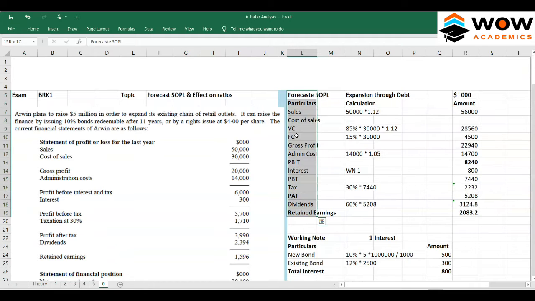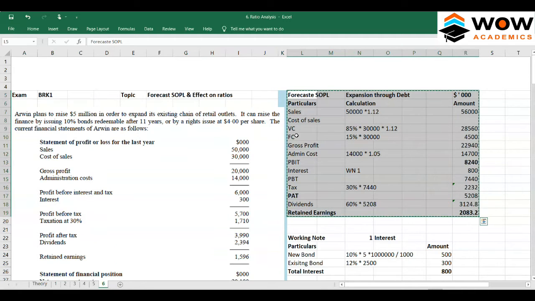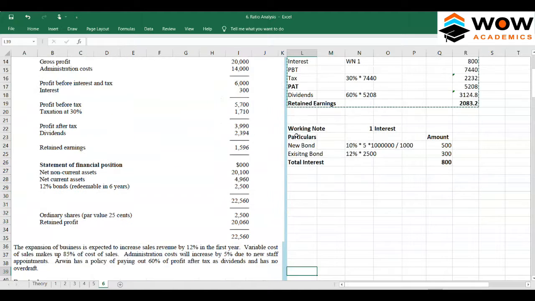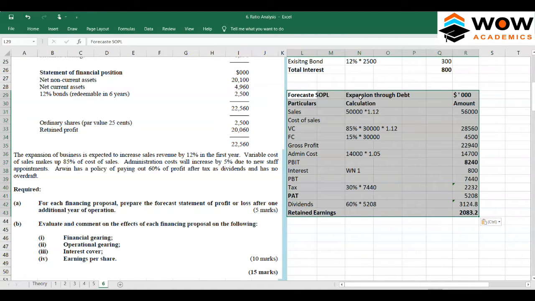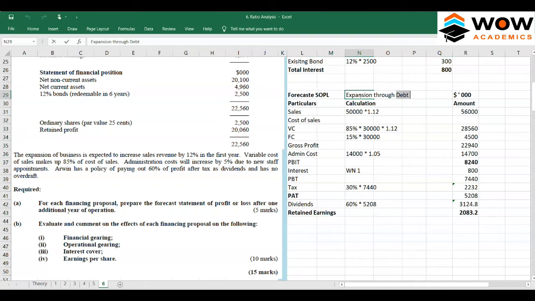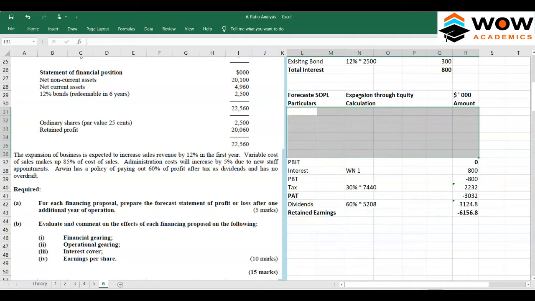So what we'll do, we'll copy the full one. Expansion through equity we'll put, and we don't need up to here because it's going to be the same only. So why should we need it?